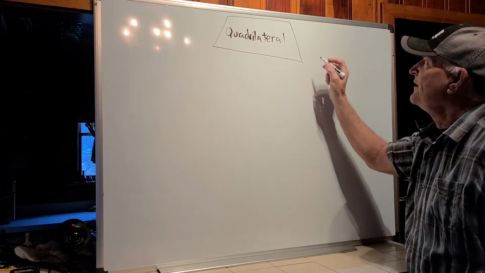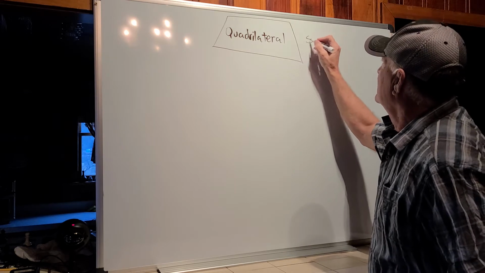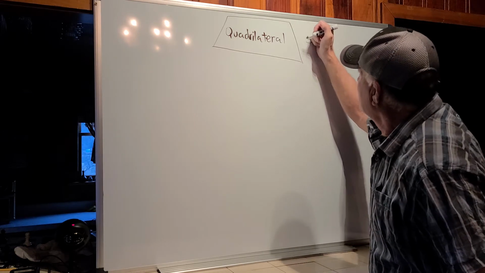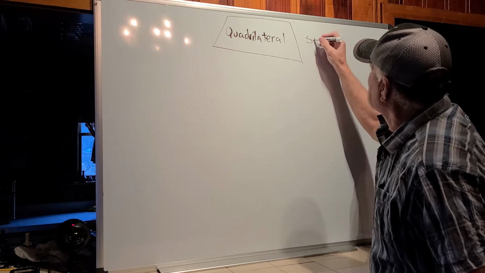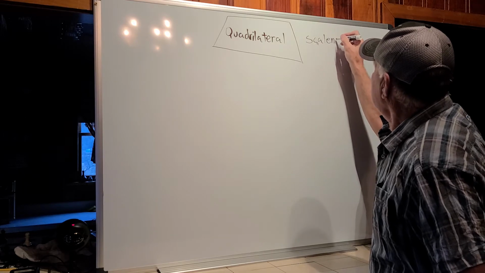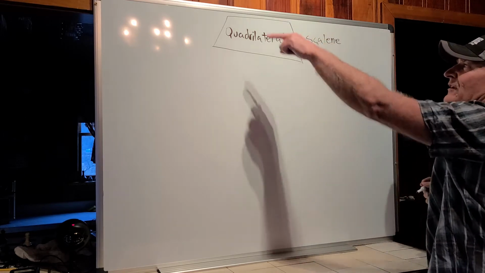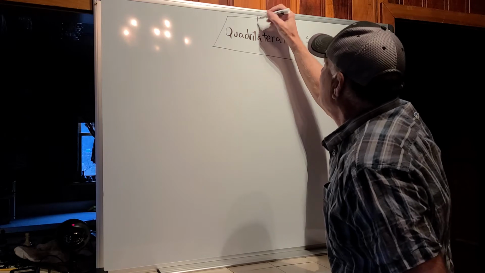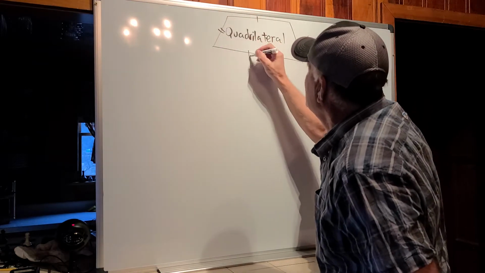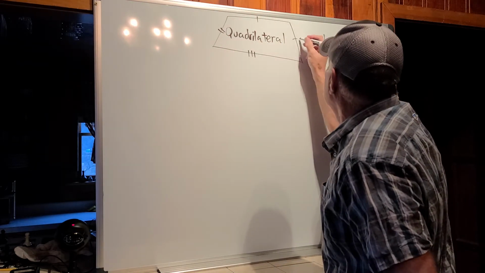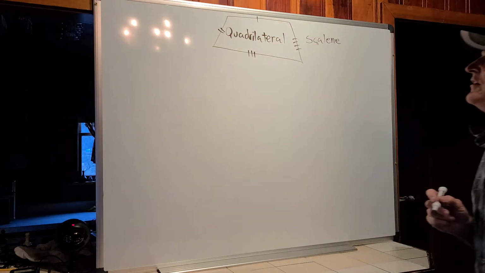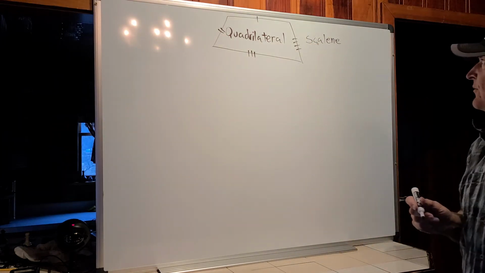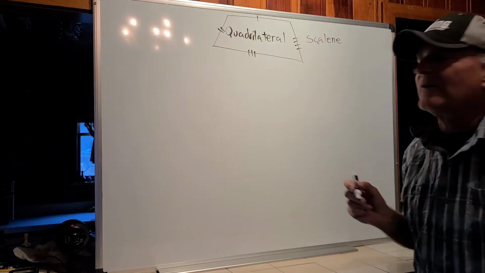And we'll call this one a scalene. This is a scalene quadrilateral. All sides are different. 1, 2, 3, 4 sides, all different. That's a quadrilateral. We'll call it a scalene quadrilateral.